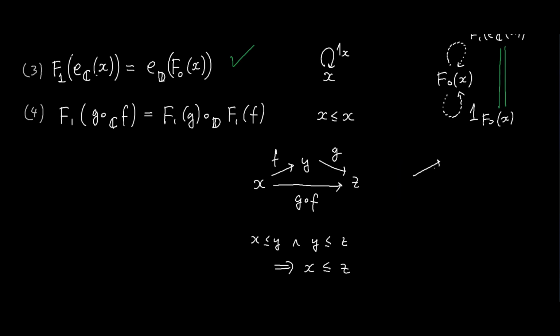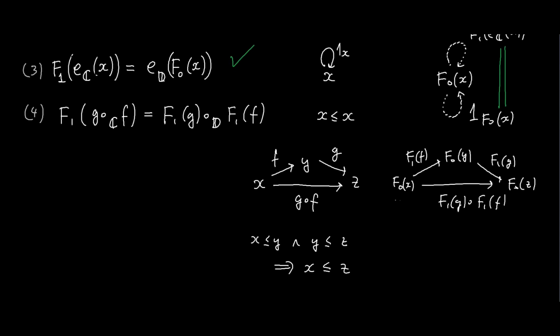And now when we take f1 of f, which will now be an arrow from f0 of x to f0 of y, and then f1 of g, which is an arrow from f0 of y to f0 of z, if we compose them here, this will be an arrow from f0 of x to f0 of z.